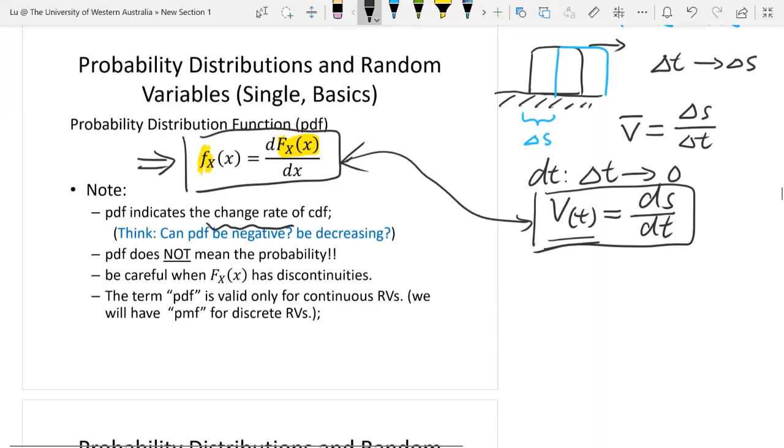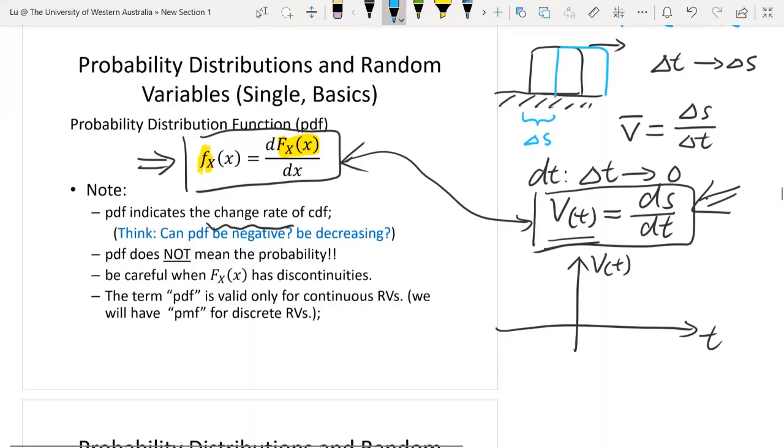There are a couple of things we need to notice. First of all, the PDF function value doesn't mean the probability of this random variable at a particular position. So we use the analog example again. Regarding this velocity and displacement example, let's assume this curve is for the velocity of this package.